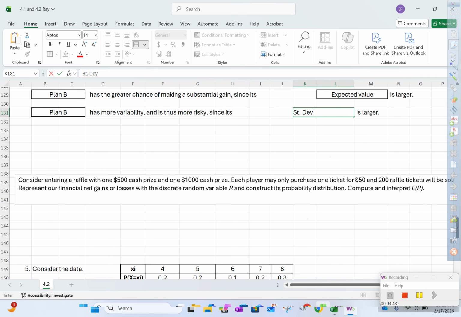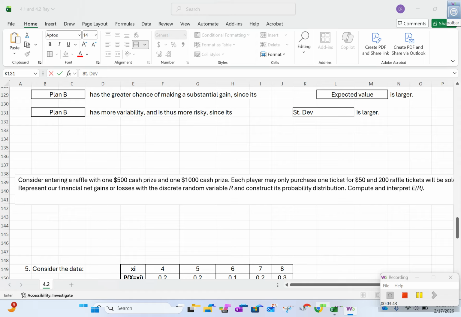Okay, last type of problem is dealing with expected payouts. You'll have a couple problems on your homework that refer to game situations. So here it says, consider entering a raffle with one $500 cash prize and one $1,000 cash prize, and each player may only purchase one ticket for $50. There are 200 raffle tickets that are sold.